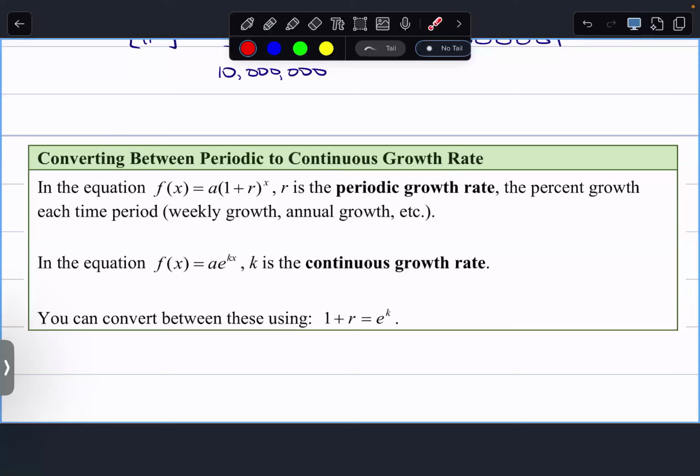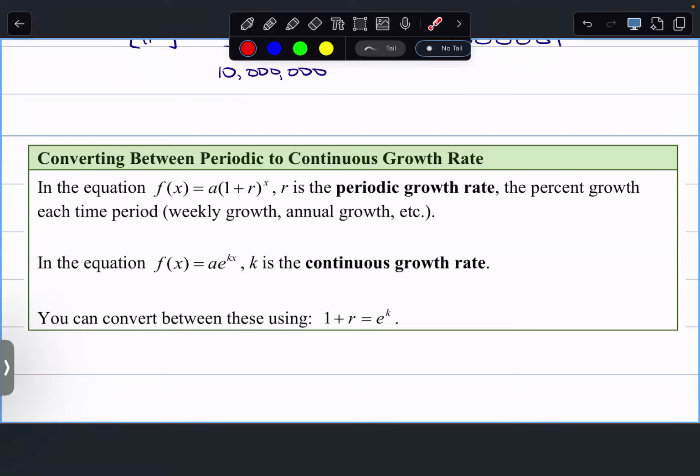So we saw earlier we can have that continuous growth rate, which uses E: A times E to the kx, where k is the continuous growth rate, versus our usual one, A times 1 plus R, but we've been writing it as B just for simplicity. But it is 1 plus R, where R is the growth rate.